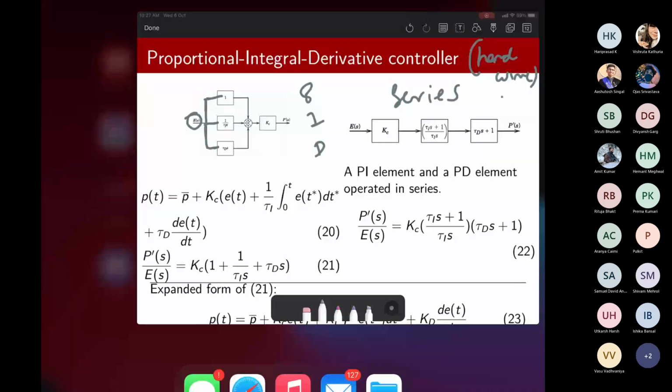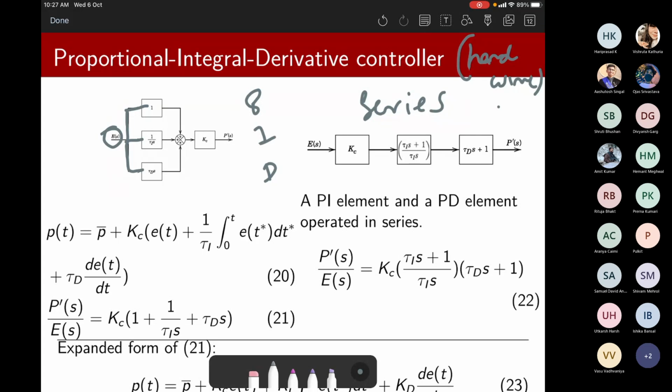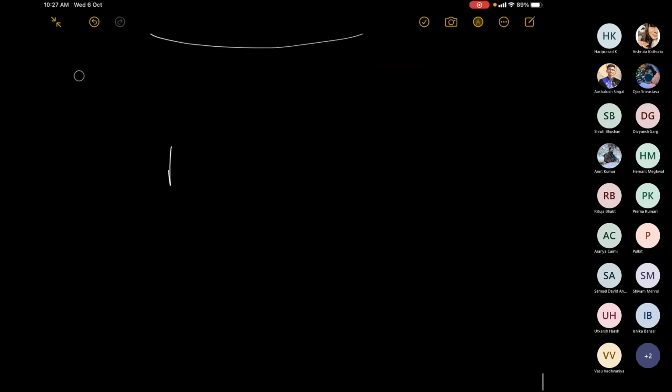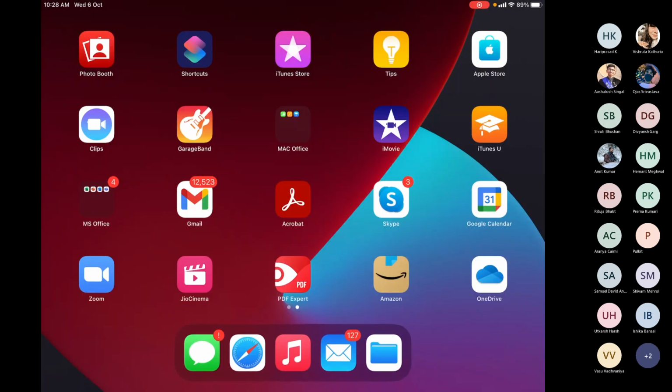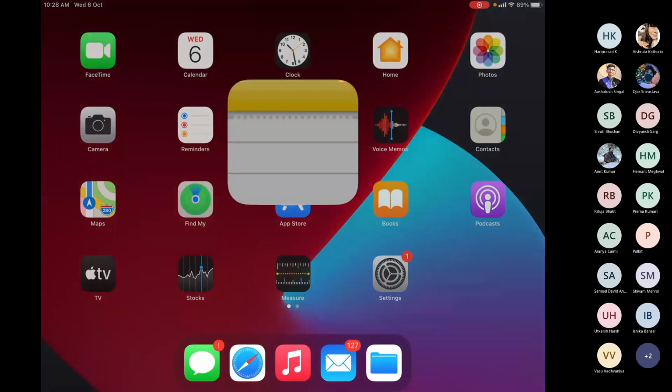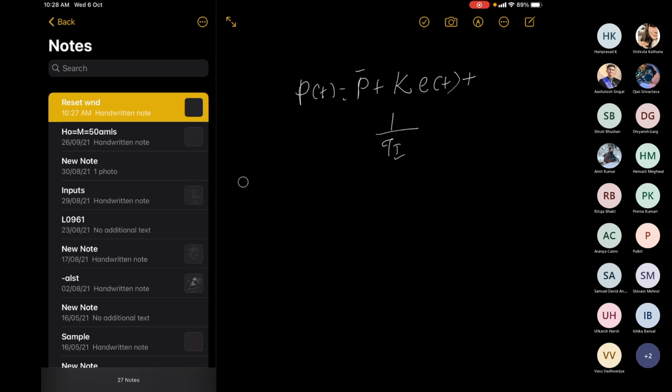So let's do this like this. Your P of t is P bar plus K times E of t, plus 1 by tau I times the integral of E of t dt, plus tau d times de by dt.